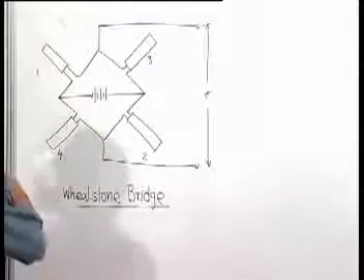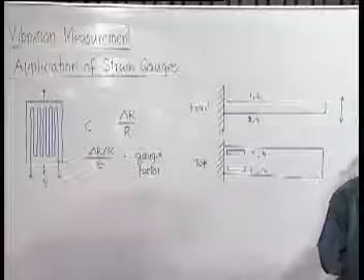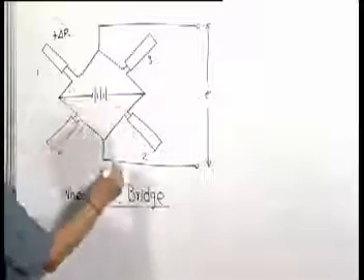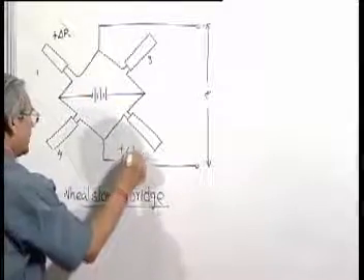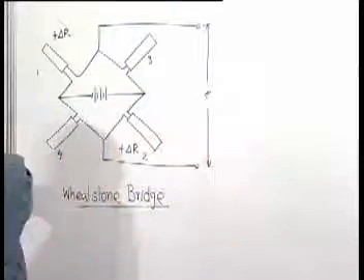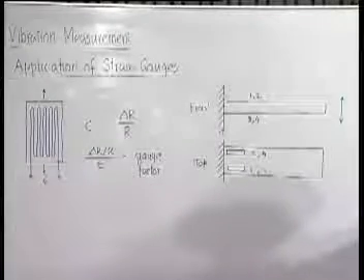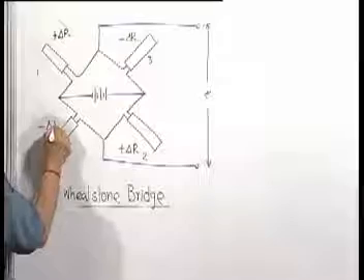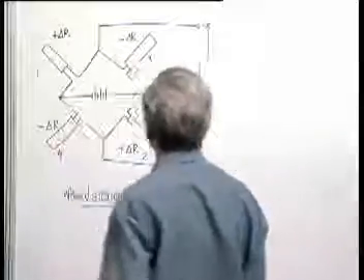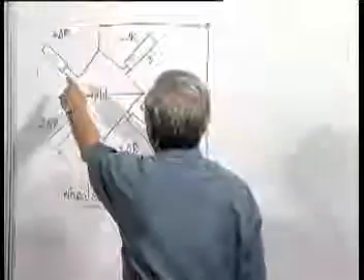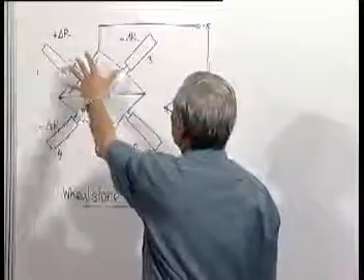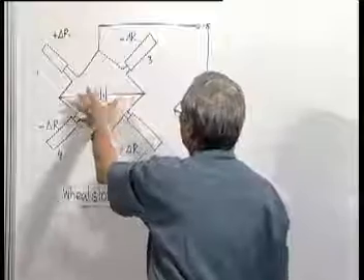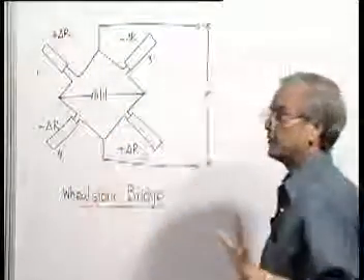When it is going downward, here the change in resistance will be delta R, here also delta R, here it will undergo compression, so this will be minus delta R, and this also minus delta R. In the balanced condition, when all of them are undeformed and resistances are R, if we apply a voltage here, the output voltage will be 0.